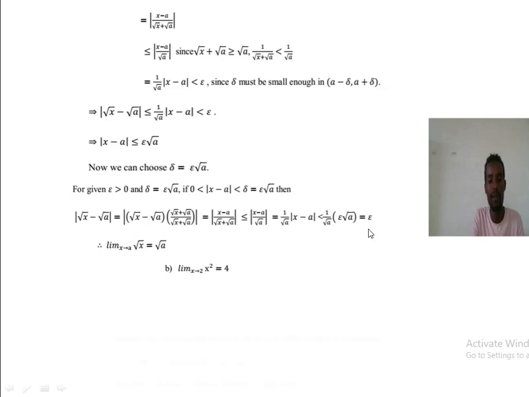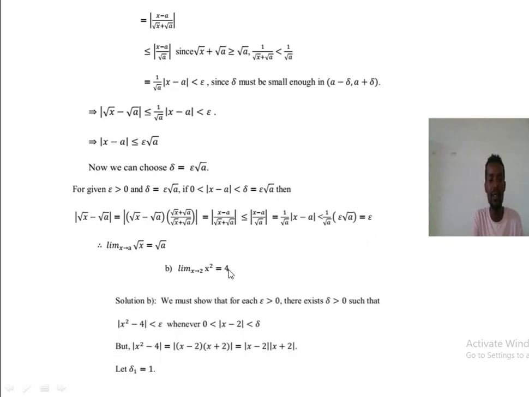Question number B. The limit of x squared as x goes to 2 equals 4. Using the formal definition of a limit, for a given epsilon greater than 0, we need to find delta greater than 0 such that absolute value of x squared minus 4 is less than epsilon whenever 0 is less than absolute value of x minus 2 is less than delta.